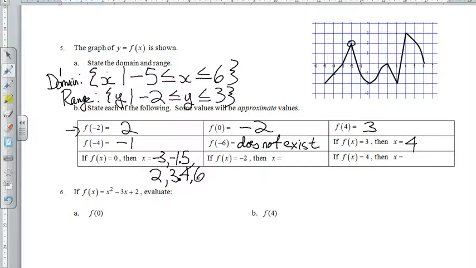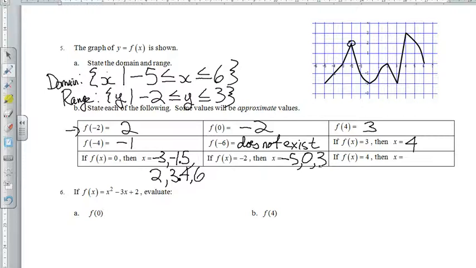Good thing I'm doing this now because we messed up. If f of x equals negative 2, or if y is negative 2, then x is negative 5. What else? 0. What else? 3.